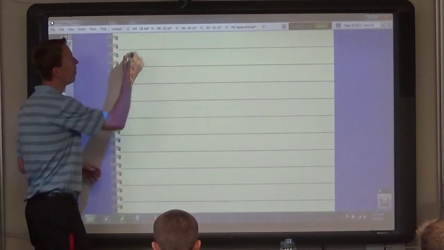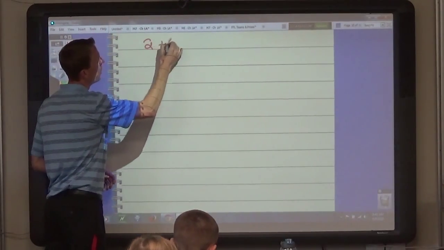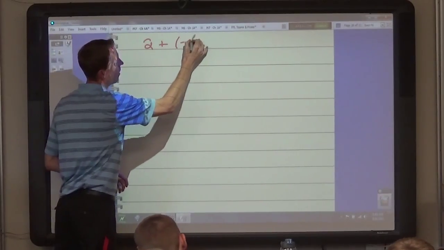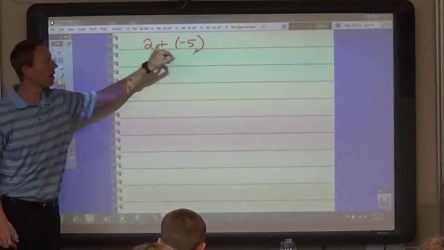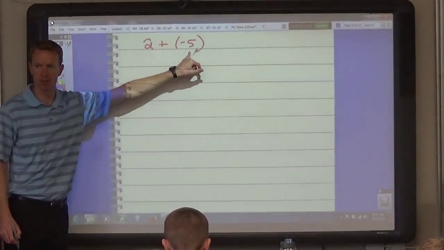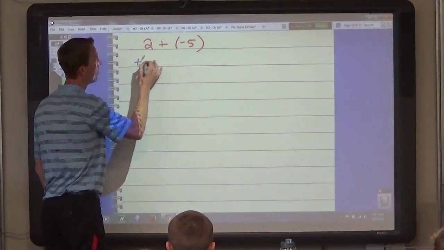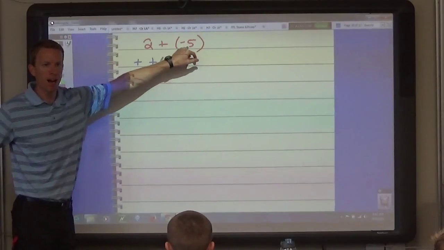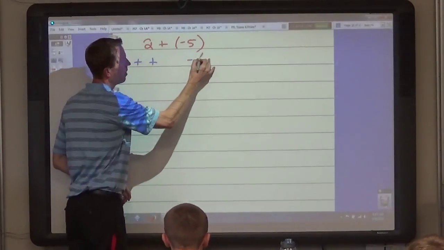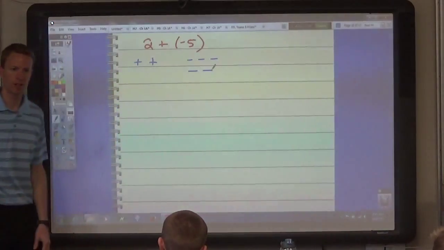So let's say that we have 2 plus negative 5. Okay? We're adding a positive and a negative number. Now, think of it this way. These 2, I'm going to represent with plus signs. And the negative 5, I'm going to represent with minus signs. Okay?